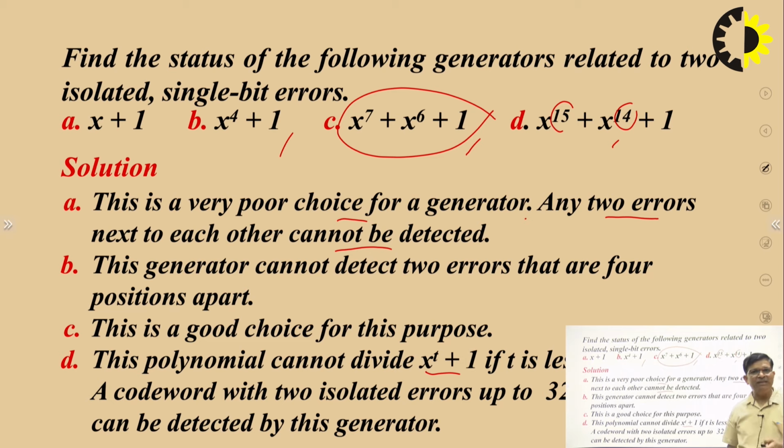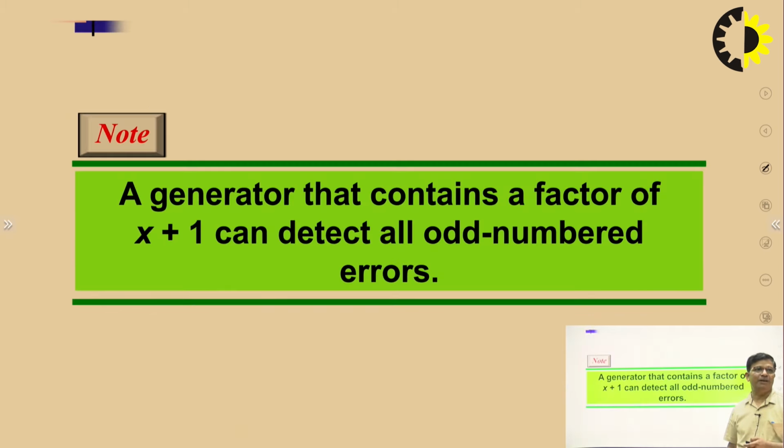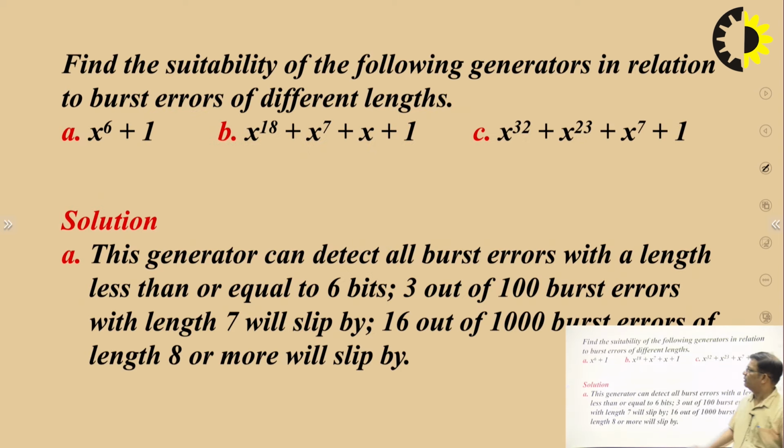So we have to make certain rules to decide the divisor. What are the rules? The first rule is that a generator that contains a factor of x plus 1 can detect odd numbers of errors. So this is rule 1, that the divisor should have a factor of x plus 1. So these are the ones, this one or this one.